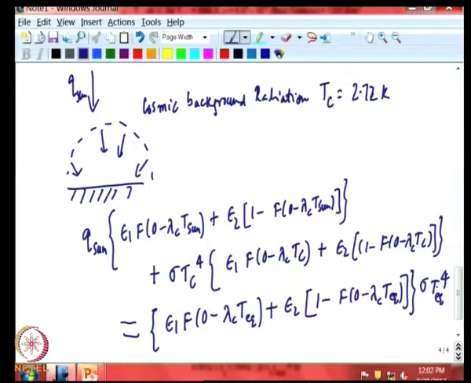So, we want to find the so-called radiative equilibrium temperature, that is the temperature attained by the surface purely from radiative balances. So, this quantity is a function of the sun's radiation and the cosmic background radiation.